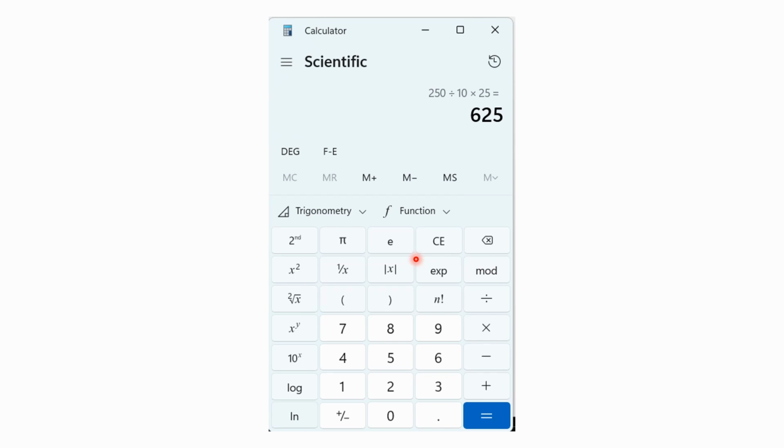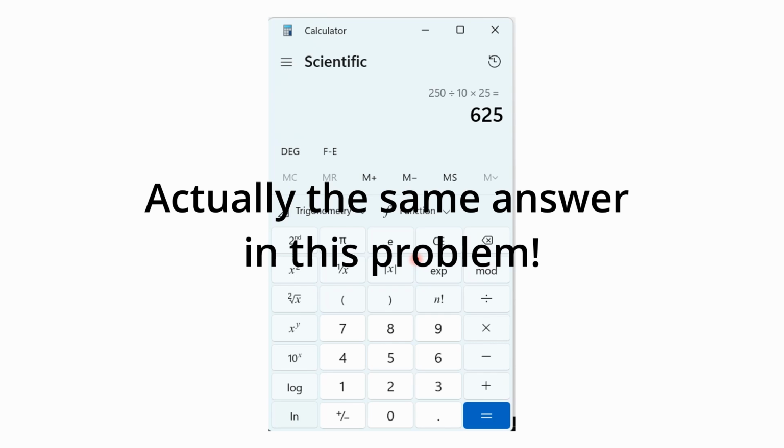And here you can see that I'm using the scientific mode calculator on a Windows computer, and I get the correct answer of 625. If you were to use the standard mode calculator on a Windows computer, you're going to get a different answer, and it's not the correct answer if you try to enter the whole expression in.